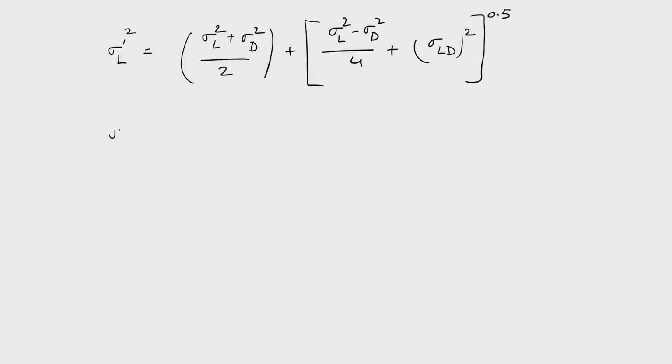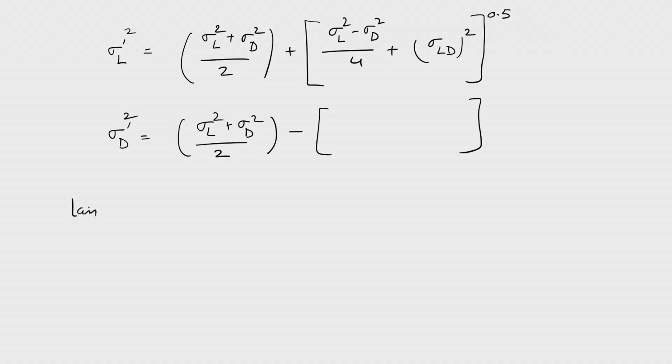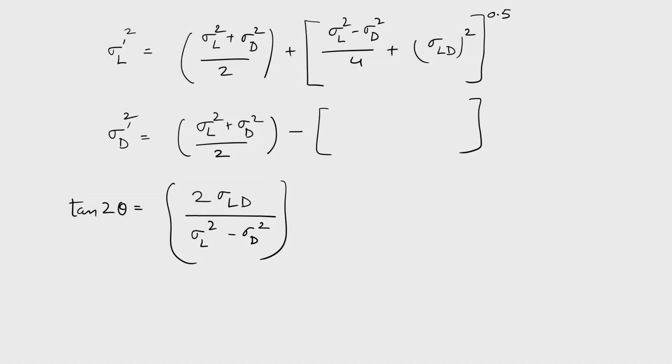Similarly, here minus, and the same quantity here, and try to find out yourself whether it is correct or not. We give the formula of theta like this. So, this is the principal component analysis, and here we stop, and with this idea we have finished our error propagation and the applications of error propagation. Thank you.